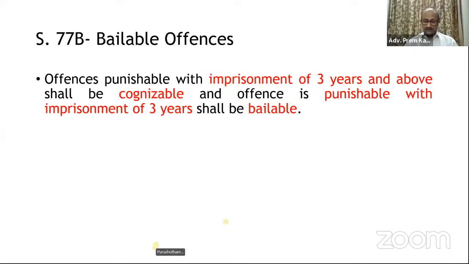Sorry, it is 66F, my mistake. 66F. And then you have the second limb of 67. Then you have section 70. Only these are non-bailable. The rest are all bailable offences.